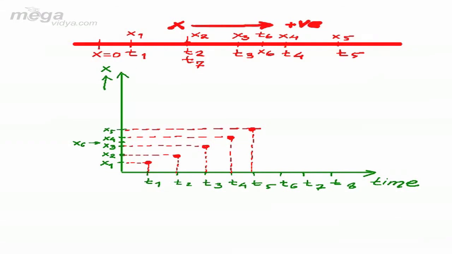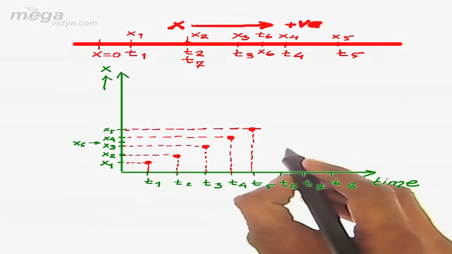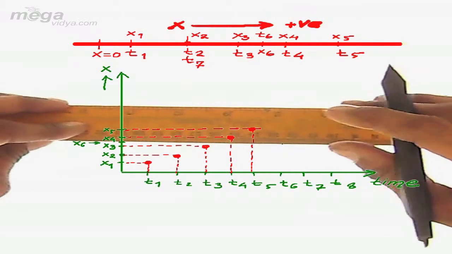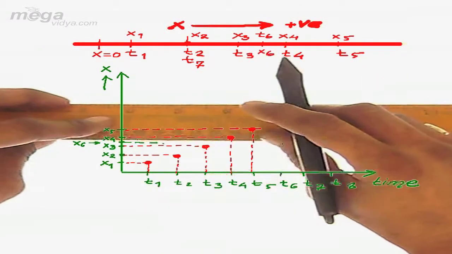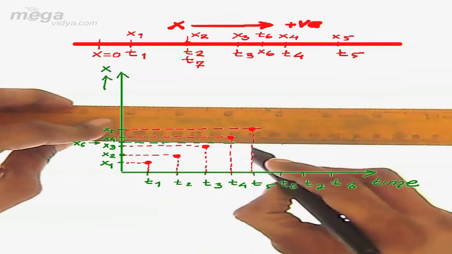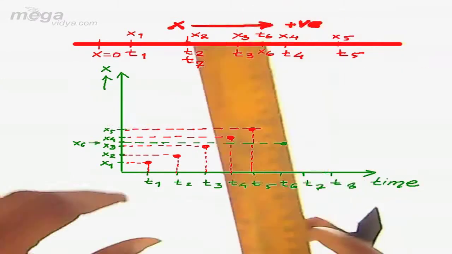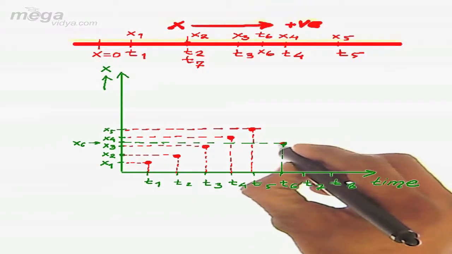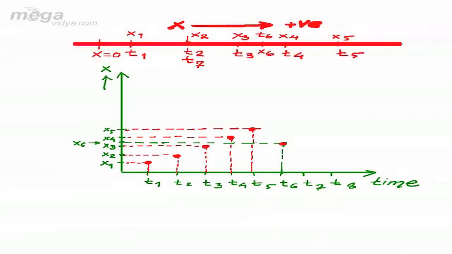Now at time t6, the particle reaches the position x6. x6 is taken here, so I am just taking the corresponding curve by using this scale so that I may get a particular point. Yes, at time t6, this is the corresponding point for the position of the particle on this position-time curve.